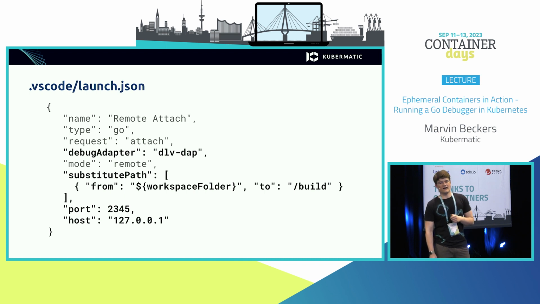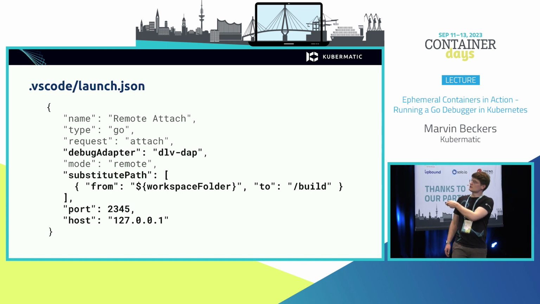In my example, I built the Go binary in a container in /build. So that is what I wanted to substitute in the code, the source file names, so my debugger knows where to set the breakpoints and what to send to Delve. And then I want to connect to localhost on the specific port, because that is where I actually connected things.